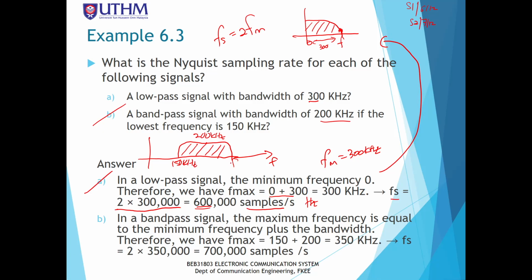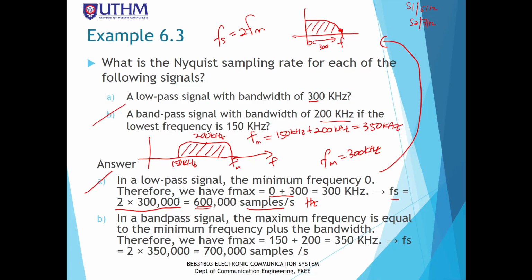So how much is the highest frequency? Let's say this is FM. So FM, the highest frequency, is 150 kilohertz plus the bandwidth 200 kilohertz. So we can determine the highest modulating frequency, which is 350 kilohertz.